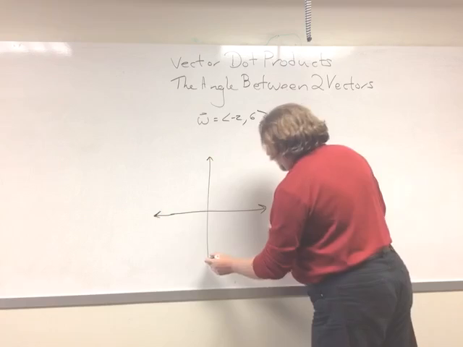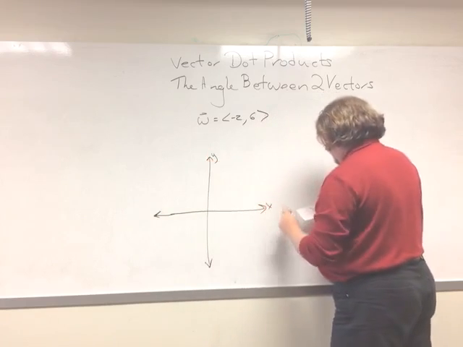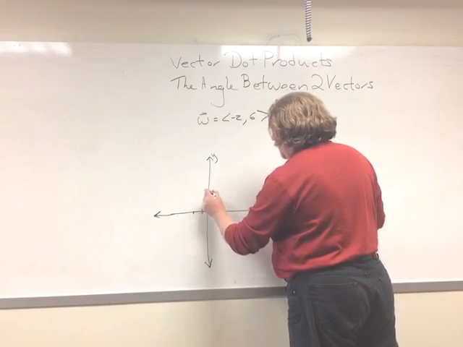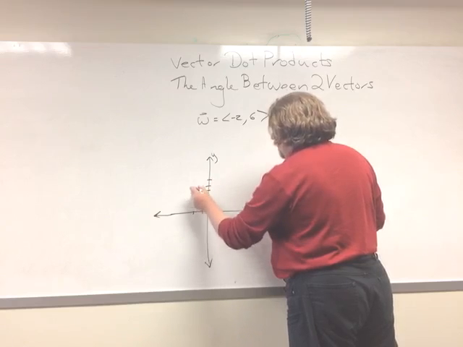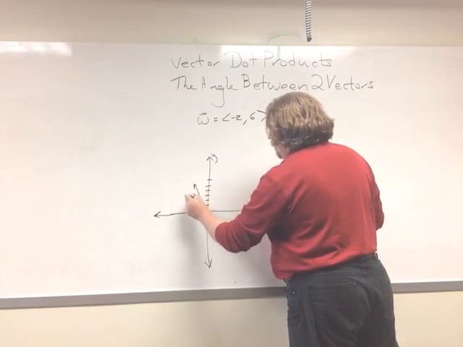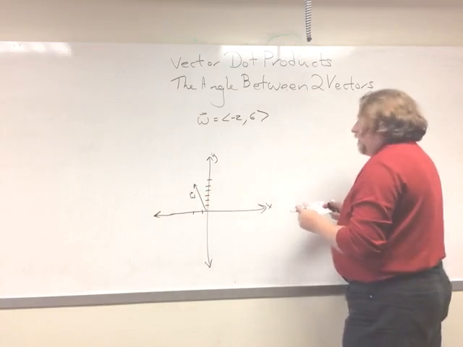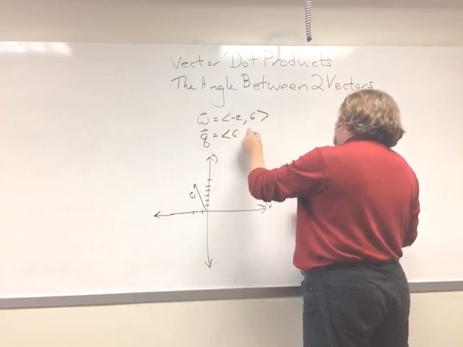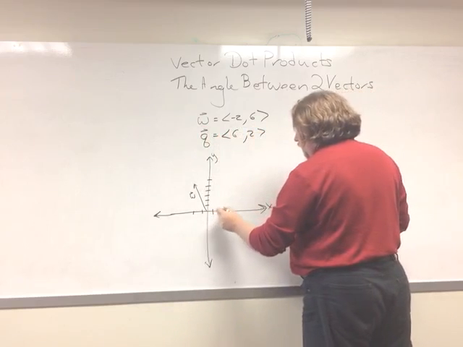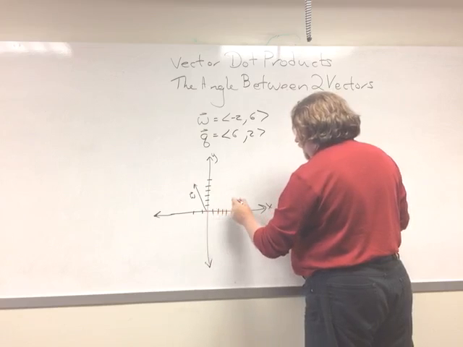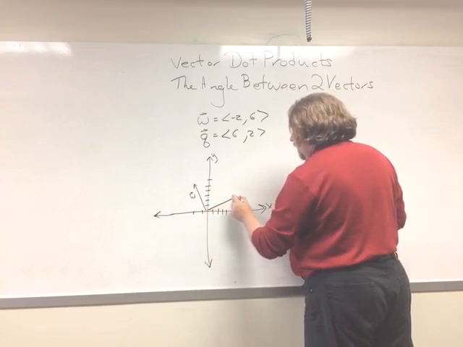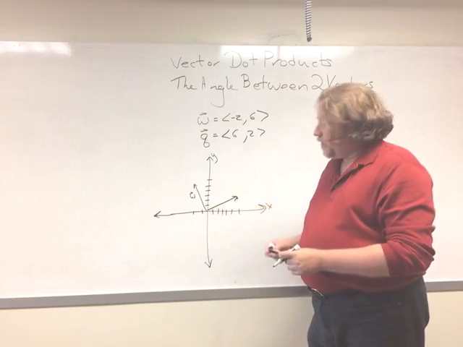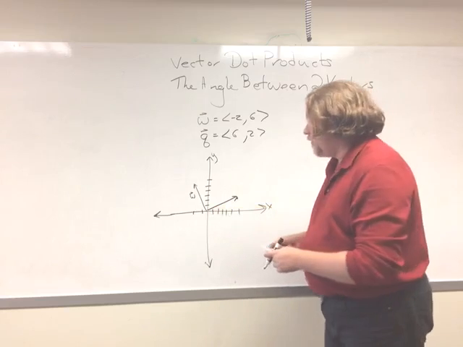I'll draw the picture first this time. -2, 6, we're going 2 to the left, and 6 up. Here is vector W. And then we had vector Q, which was 6, 2. So we're going 6 to the right, and 2 up. And if you take a careful look at that angle, I'll bet you can tell why we call that orthogonal already. But let's go ahead and go through the math anyway.